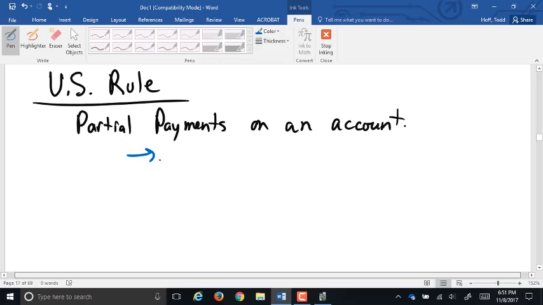Part of the U.S. rule is we use ordinary interest.